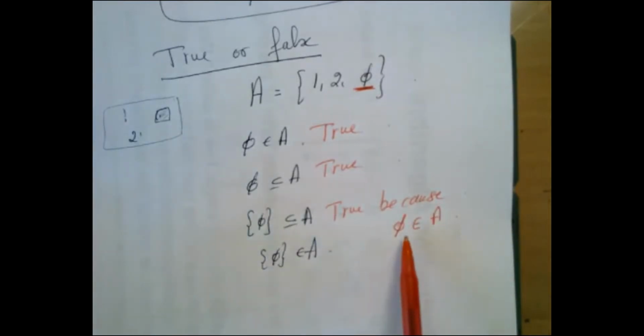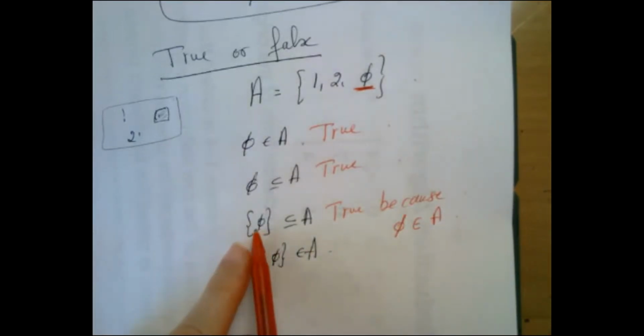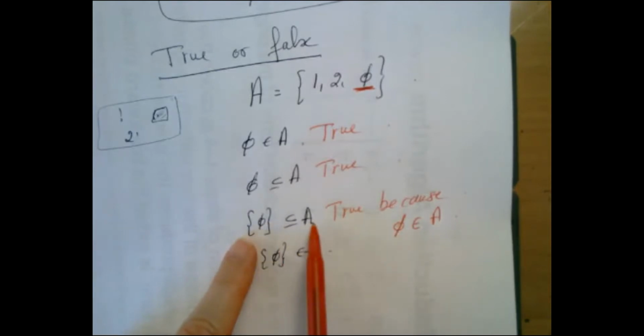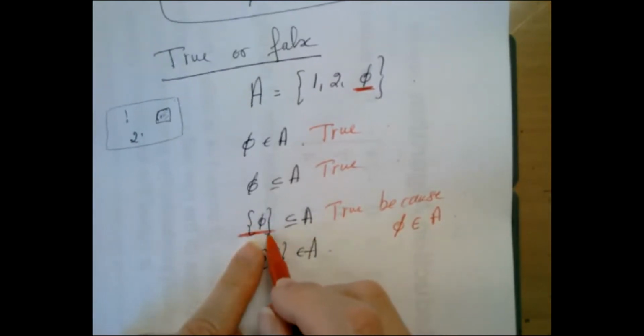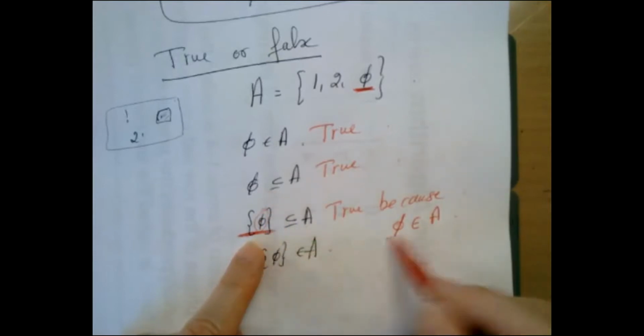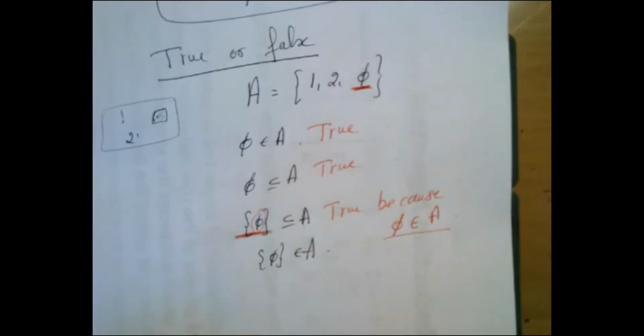Absolutely true, because the empty set is an element of A, it means the set that consists of it is a subset. So what does it mean for a set to be inside another set? It means every element here has to be here. The only element is the empty set, which is in A. So that's absolutely a true statement.